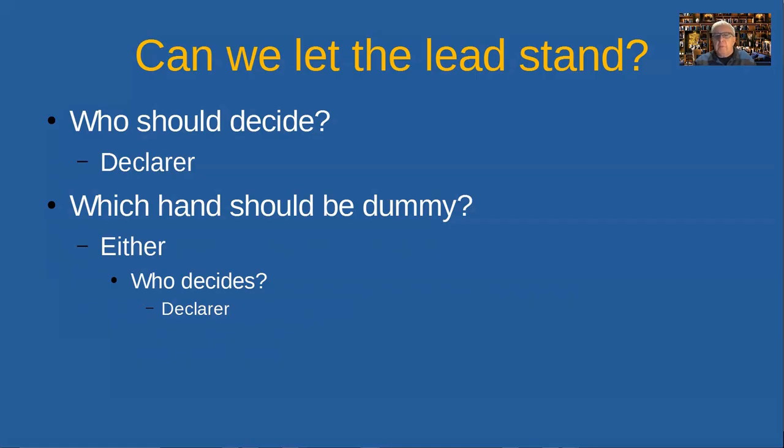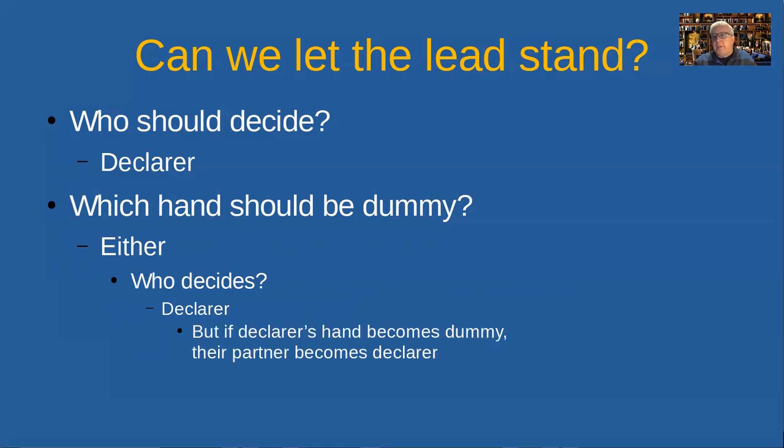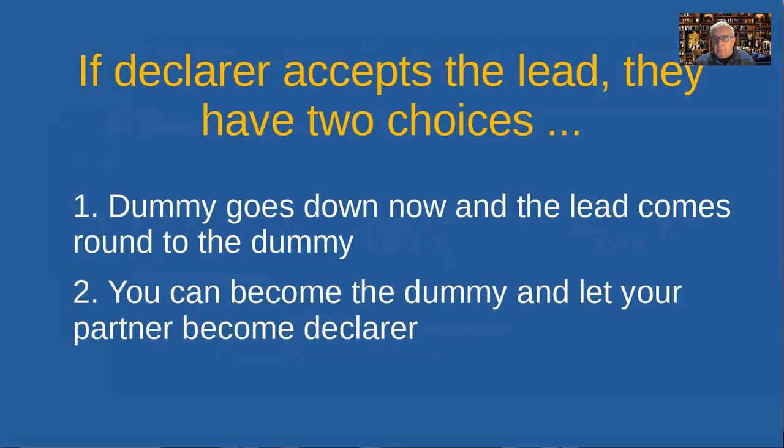But we can't be messing about with moving cards around or people getting up and walking around the table. So if they do decide to have the declarer's hand becoming the dummy, North isn't going to be the person playing it. Their partner South is going to play this particular hand. So what we've had there is 2 choices.